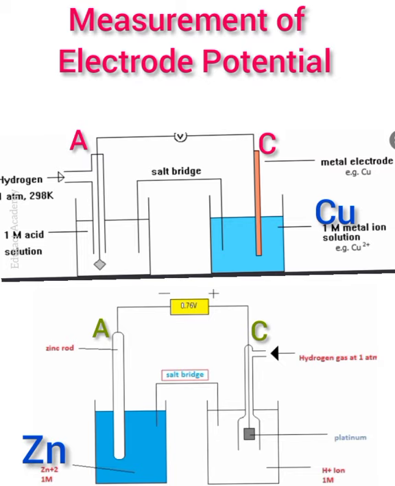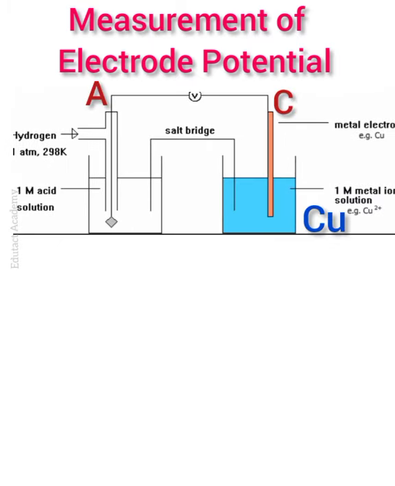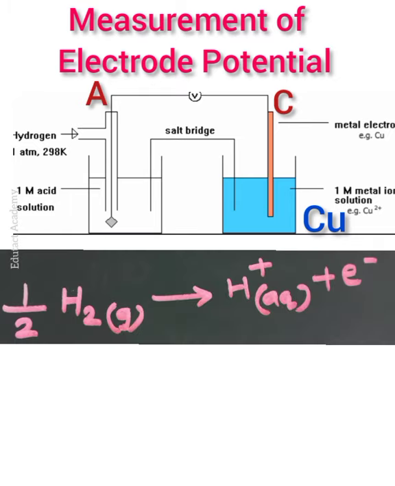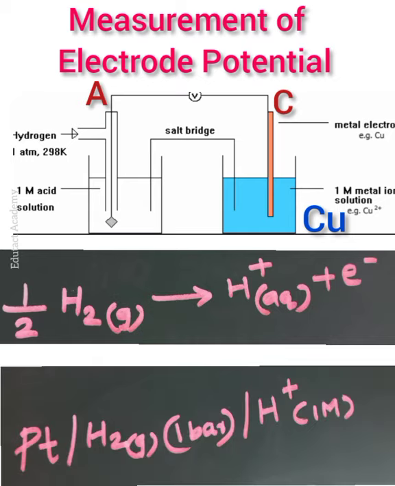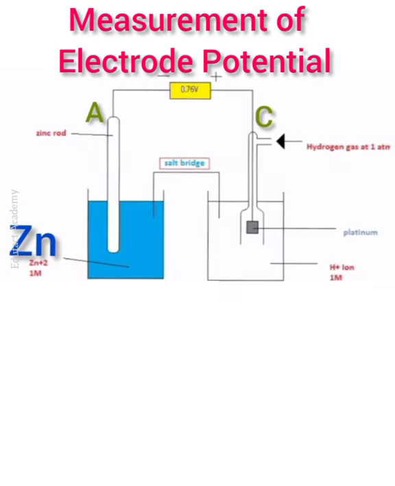If standard hydrogen electrode acts as anode, then the reaction at anode is half H2 gives H plus plus electron. Here standard hydrogen electrode is represented as platinum bar hydrogen gas, pressure 1 bar, bar H plus 1 molar. Then standard hydrogen electrode can act as cathode.